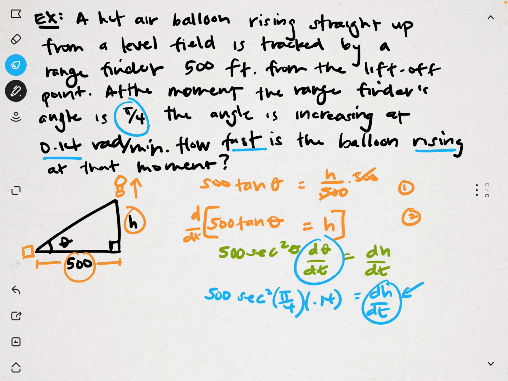Okay, so all we have to do is put this in our calculator. The only weird thing is that we can't do secant squared pi over 4 directly. In our calculator, we'd have to do 1 over cosine pi over 4, squared. Okay, so just make sure that when we do it on our calculator, you do that.